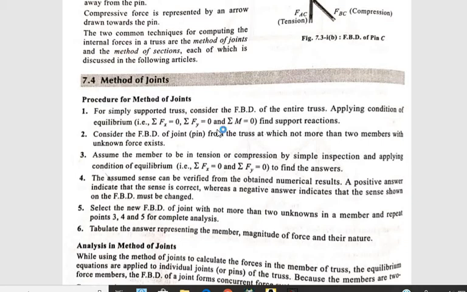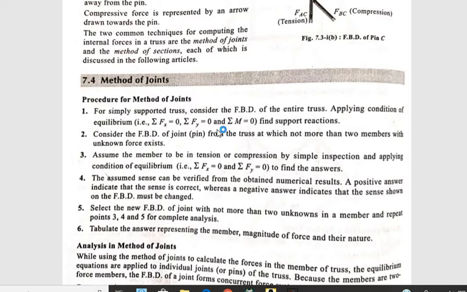In the second step, consider the FBD of a joint from the truss at which not more than 2 members with unknown forces exist. This is important. After calculating the support reactions, we have to select the joint. Now there are many joints in the truss, so the question is which joint should we select first.